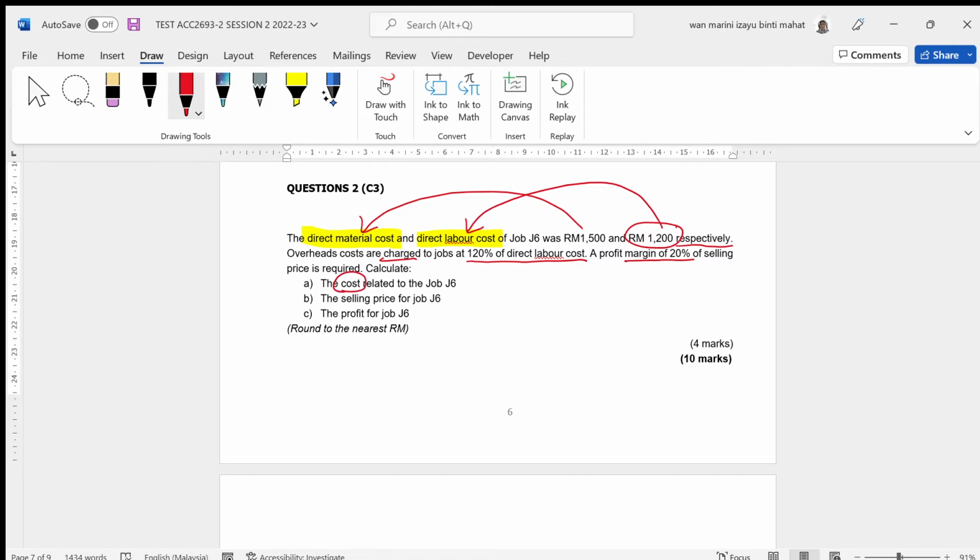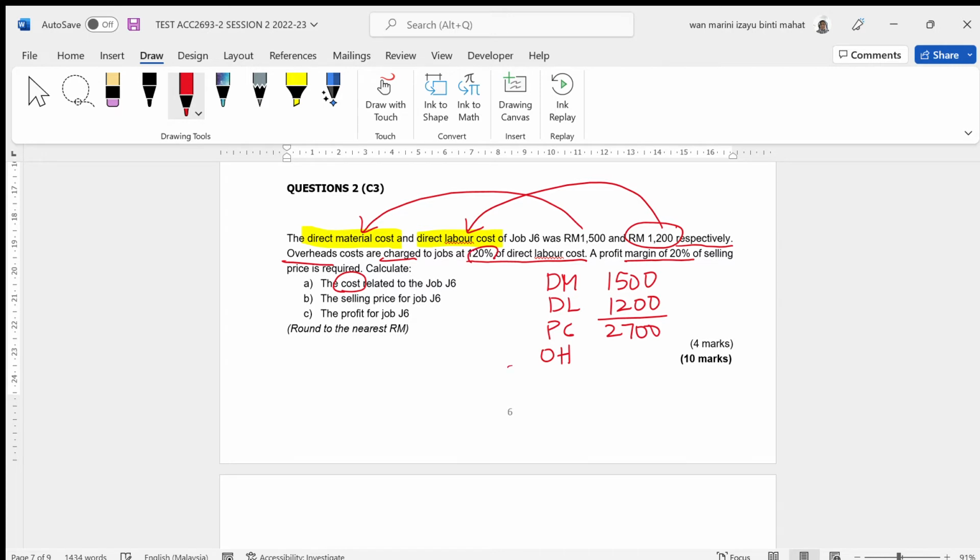So the cost to be charged to this job is basically we only have the direct material cost 1005, as well as the direct labor cost 1002. So this is our prime cost basically. And next, we do have overheads, and the overhead is charged based on 120% of direct labor cost.